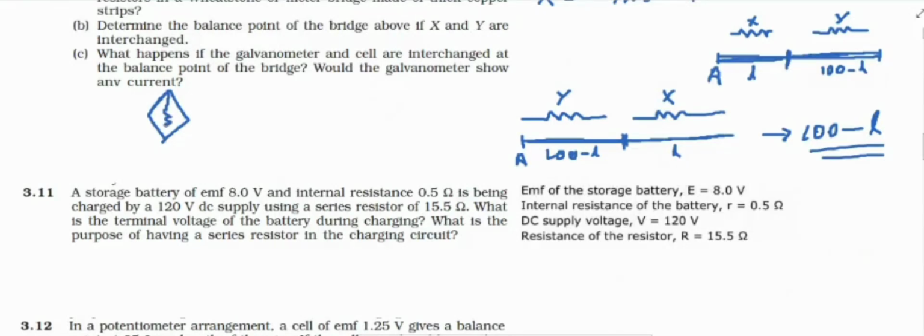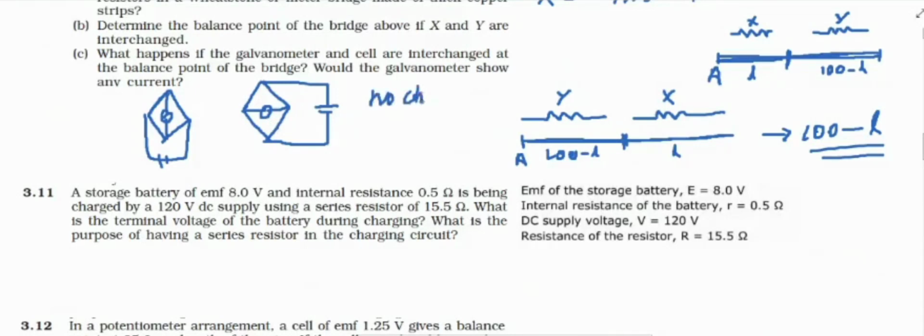You can connect the galvanometer here and battery here, or the same arrangement we can do in this way: galvanometer here and battery here. In both cases it is just like a bridge. It's all just orientation changes, that's it. Therefore no change is the answer.